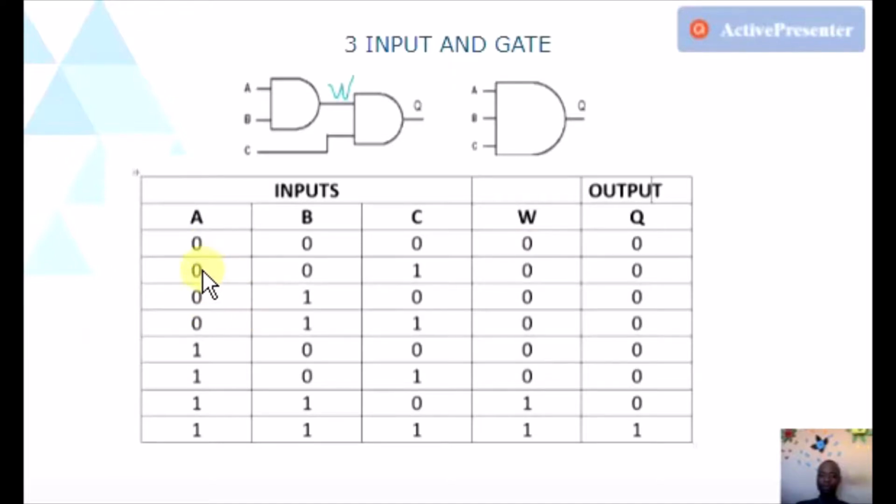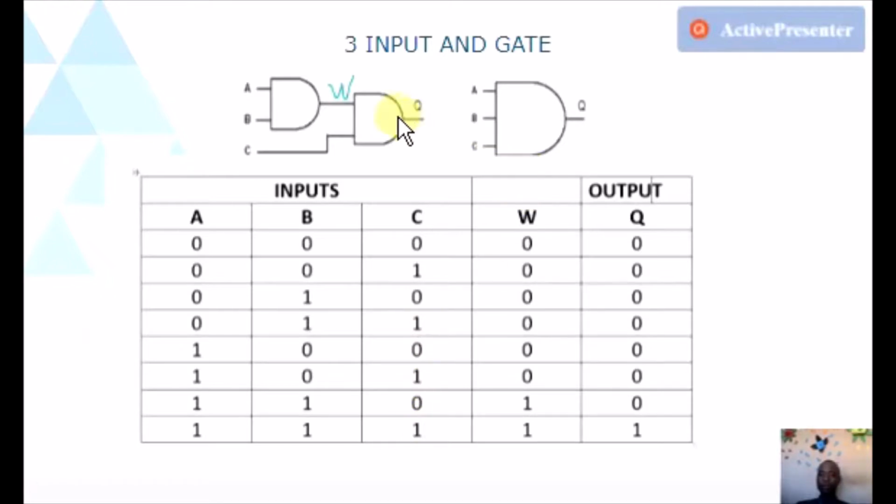You have 1, 2, 3, 4, 5, 6, 7, 8. The first 4 of the 8 digits, you represent using zeros, then the last 4 by ones. The second input, B, you represent with 0, 0, 1, 1, 0, 0, 1, 1. The last input, C, you represent using 0, 1, 0, 1, 0, 1, 0, 1.